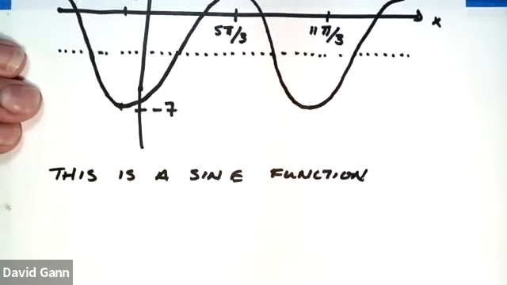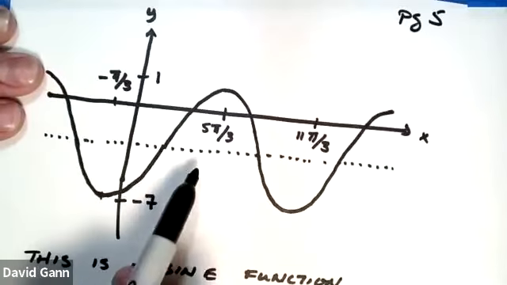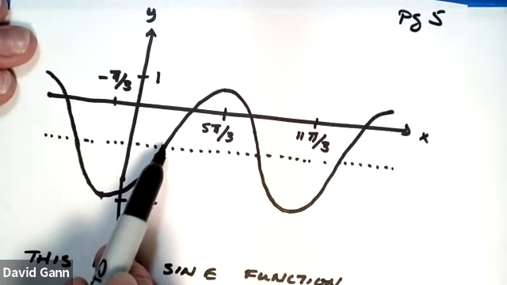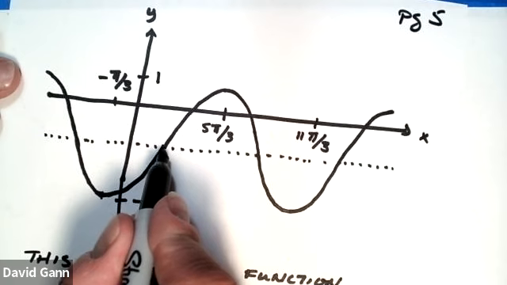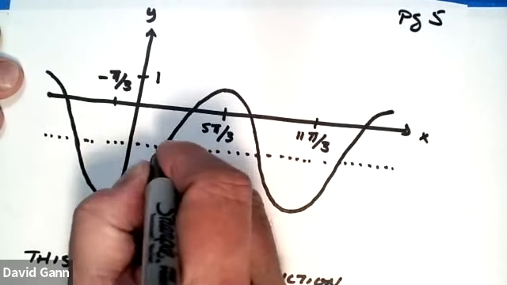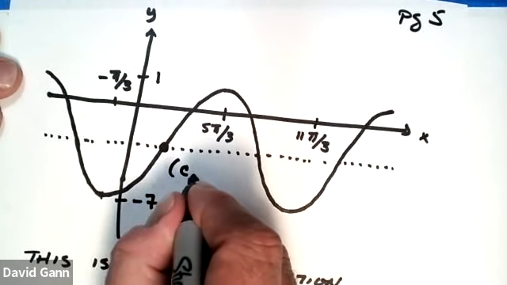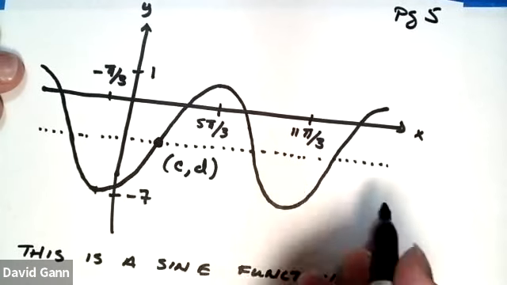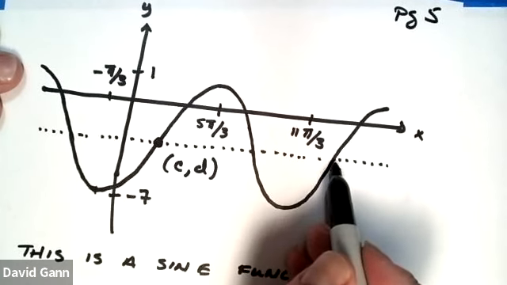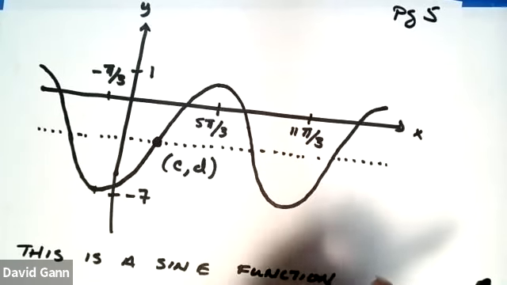Following that step by step, notice that this point right here corresponds to what the normal, or standard, origin of the sine function would be. So if we find the coordinate of that point, this is C comma D. We could also say that this is C comma D, because remember, sine is a periodic function, which means you can have different values of C and still have the right equation.